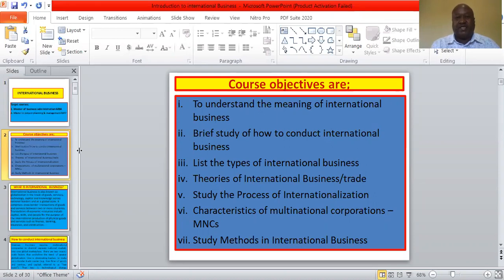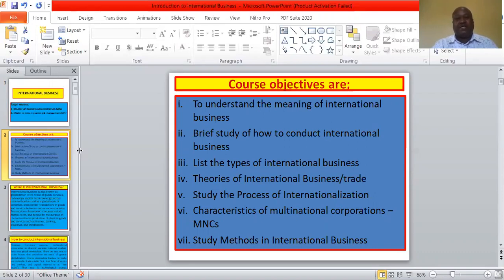One is to understand the meaning of international business. Two, to get a brief study of how to conduct international business. Three, it has a list of the types of international businesses. Four, we shall study theories of international business or international trade.